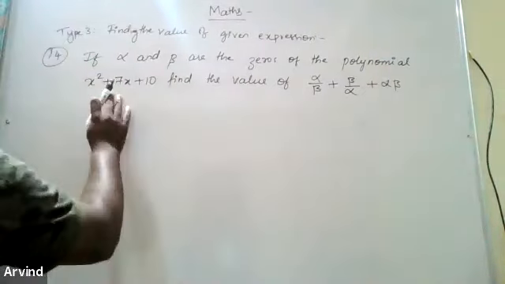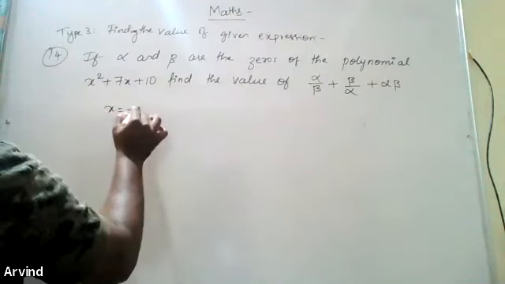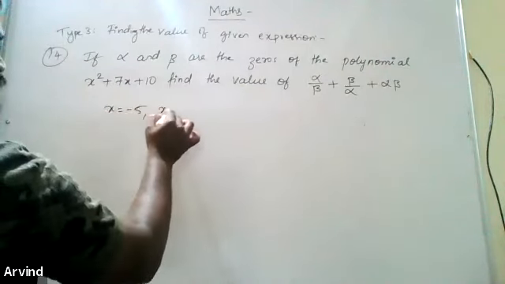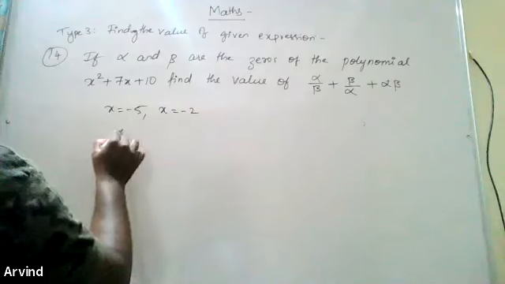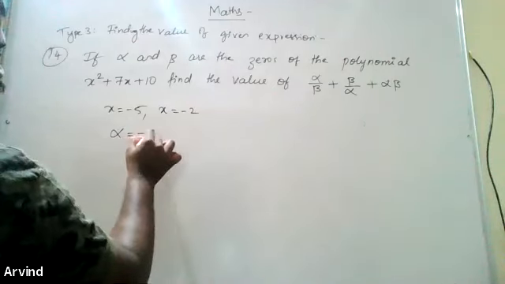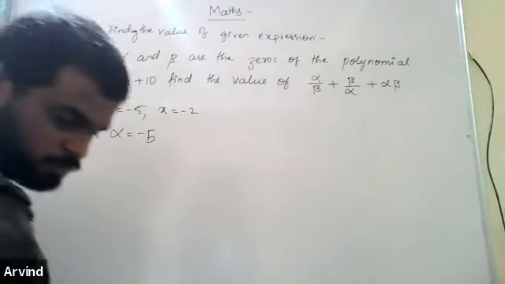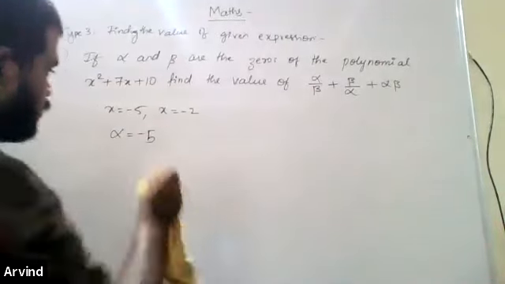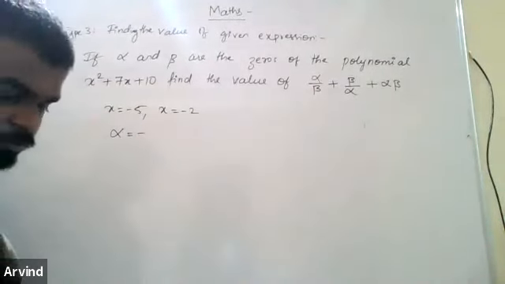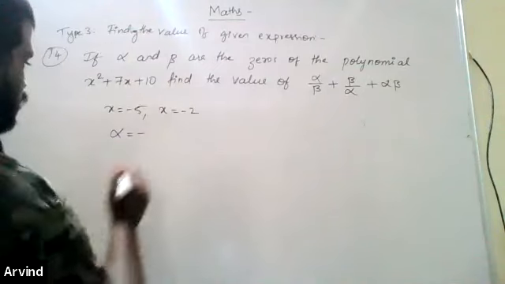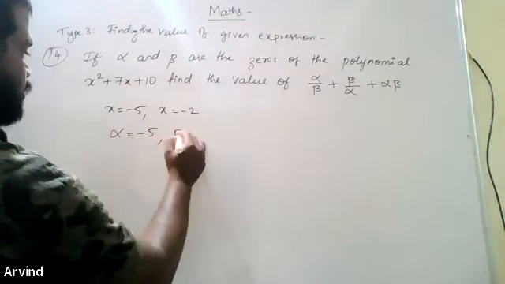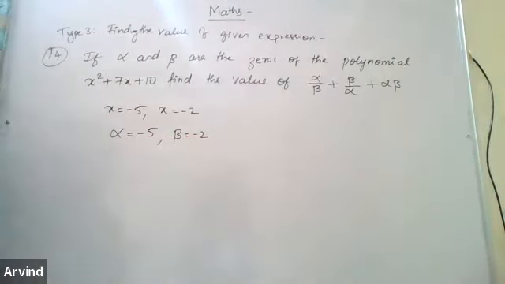Okay. If you factorize this, you'll be getting the values of X as minus 5 and minus 2. Take one of the things as alpha, another one is beta.